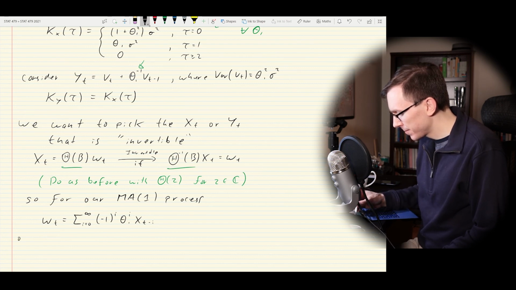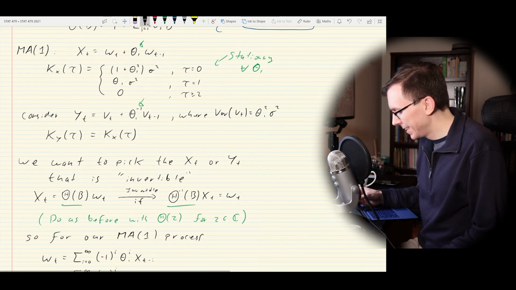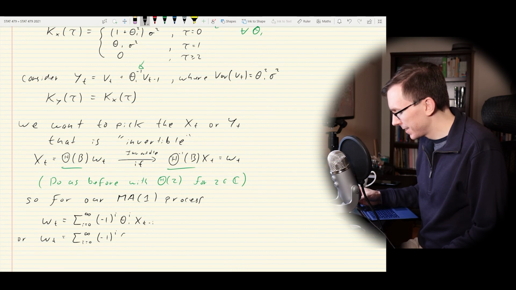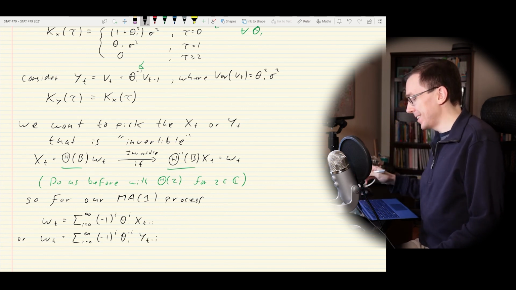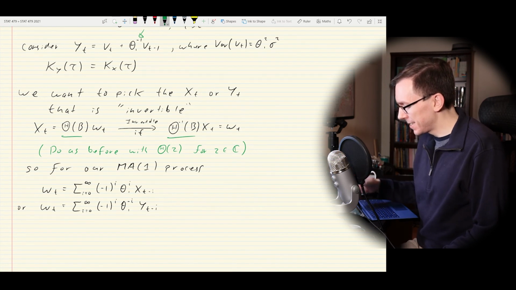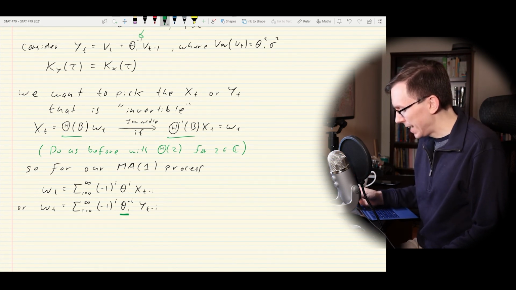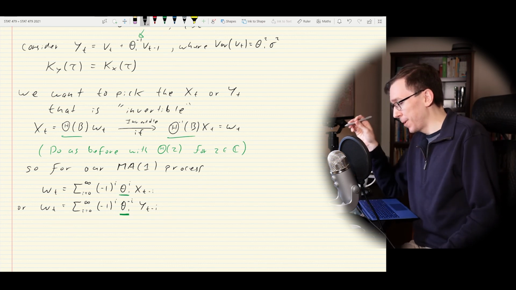Or we can have W_t equal to the sum, i from 0 to infinity, of (-1)^i theta_1 to the minus i, and then Y_{t-i}. So the only difference here in some sense is that one of these has a minus i and one of these has a plus i as its exponent.